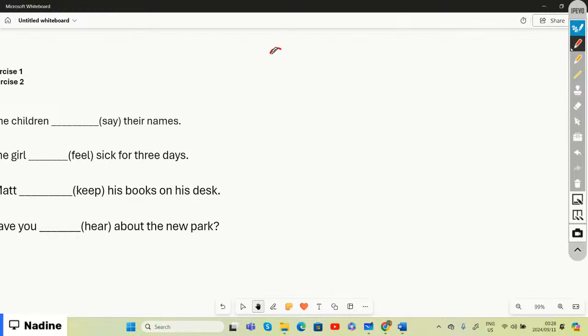Like, look at the word sit. What is the past tense of sit? Make, go, run. We need to give the past tense of these words.